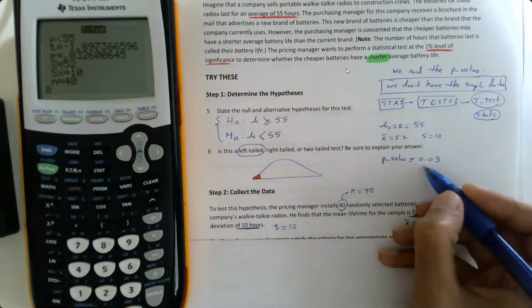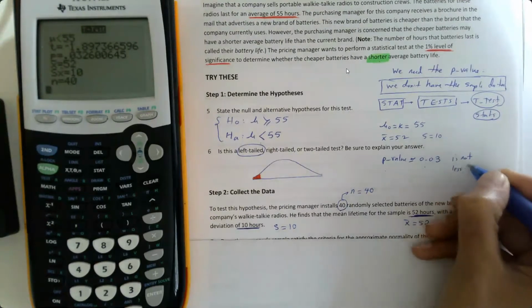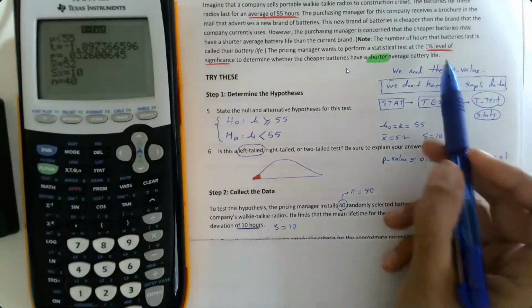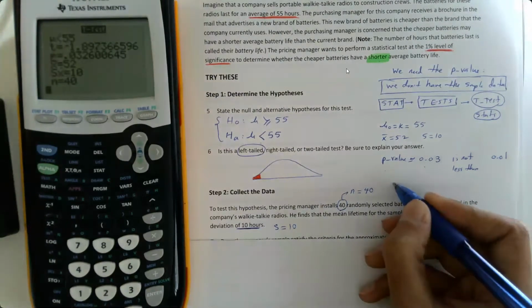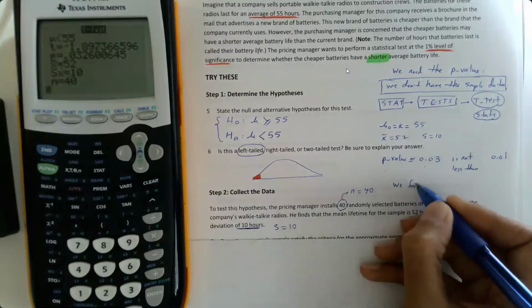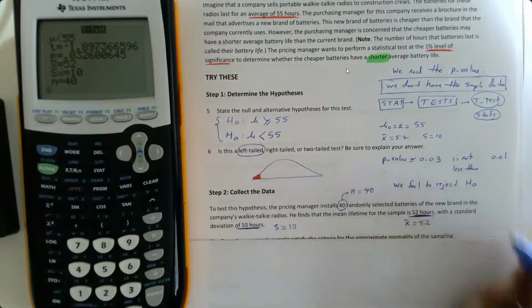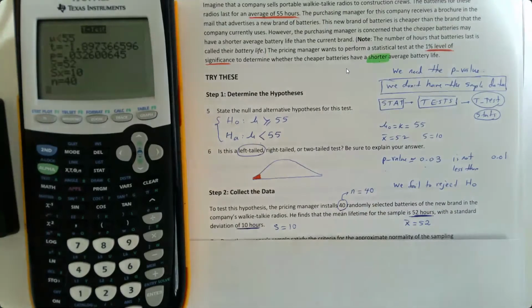The p-value is not less than 1%, or the level of significance. What's the meaning of that? It means that we fail to reject the null hypothesis, or in a sense, we support the null hypothesis.